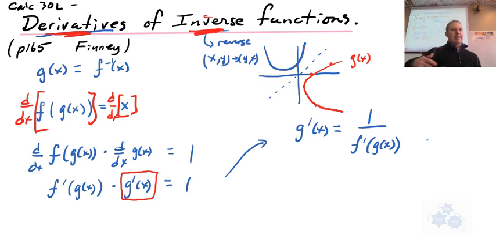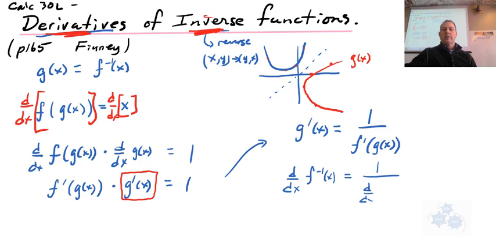And if we want everything in terms of f of x, then this is what it looks like. I'm going to go back to Leibniz notation because this is what you'll see in your textbooks a lot. This right here is the derivative of f to the negative 1 of x, isn't it? That's the derivative of the inverse function of f of x. And this equals 1 over d dx of f to the negative 1 of x.